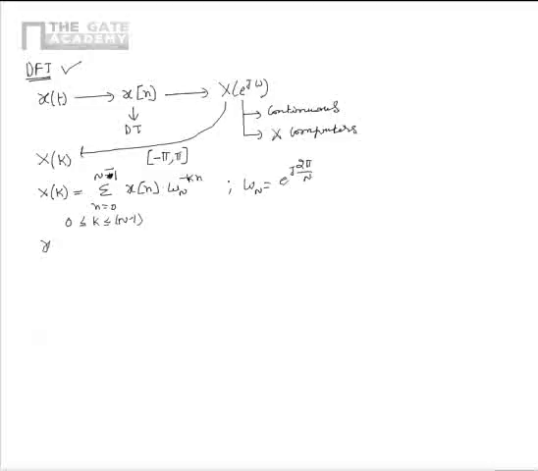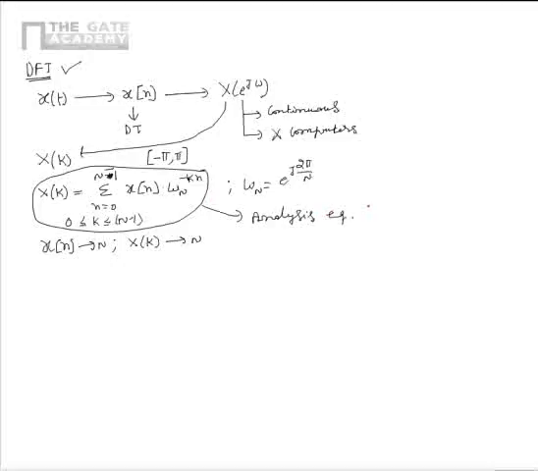So if there is a signal x(n) of length N, its DFT X(k) is also of length N. Whatever equation we have written here is the analysis equation.